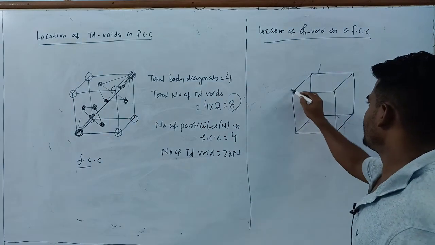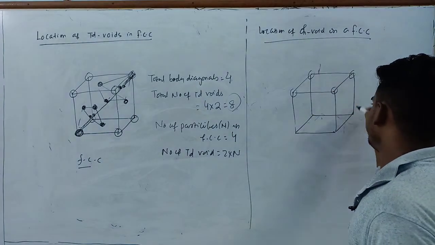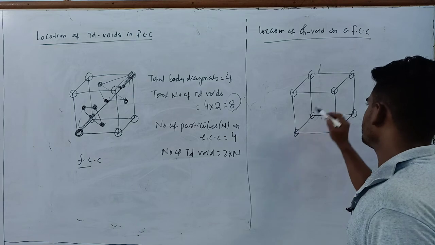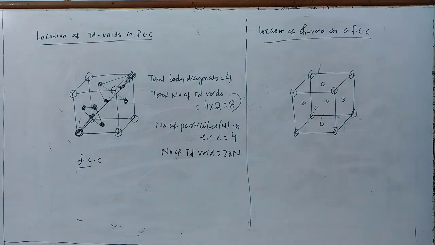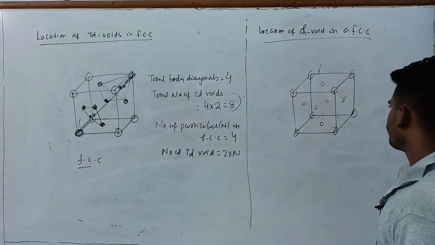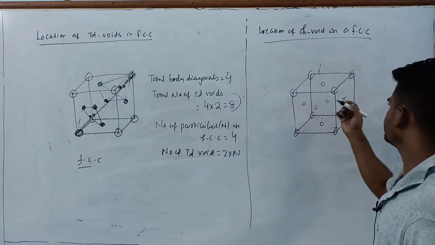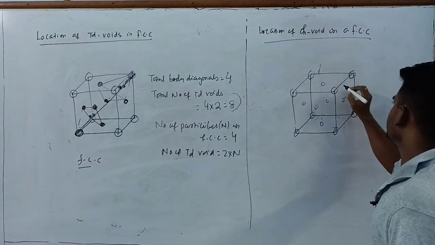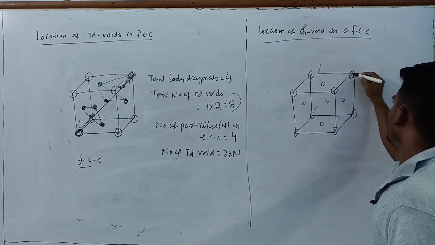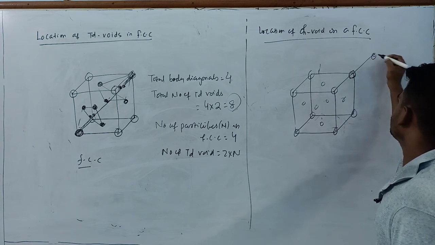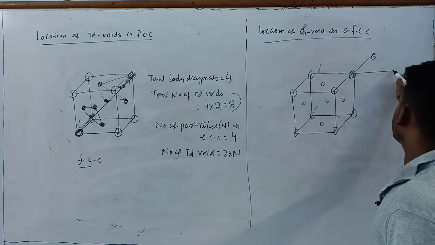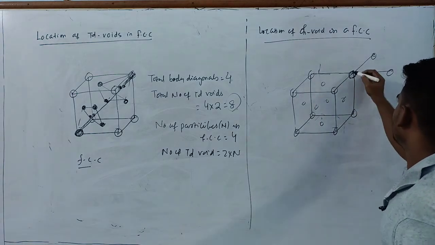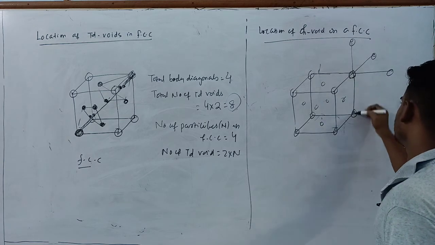In FCC again particles are present at the corners along with each face center. Is that clear? So for the octahedral void, see this sphere and another unit cell also there, here also another sphere, and another also above it and just below it.